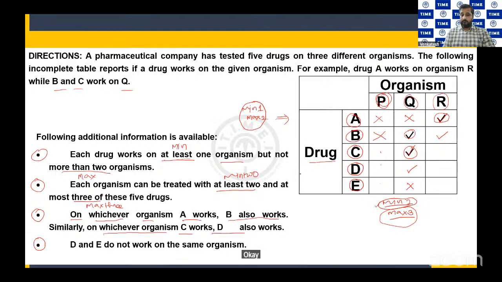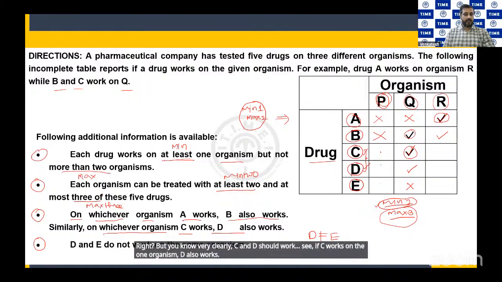We have three places, but there should be a maximum of three or a minimum of two tick marks. But go to the last clue. The last clue will decide everything. D and E are not working on the same organism. But you know very clearly that C and D should work together. C works on the one organism, D also works. Remember it.